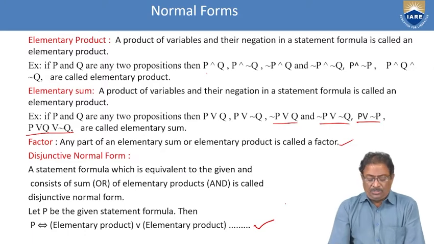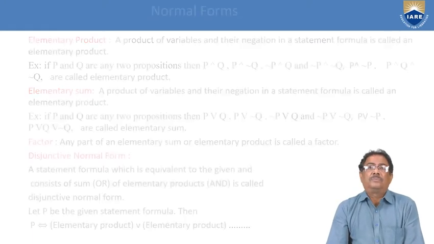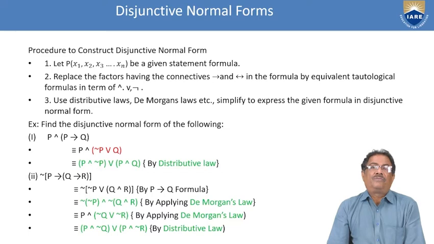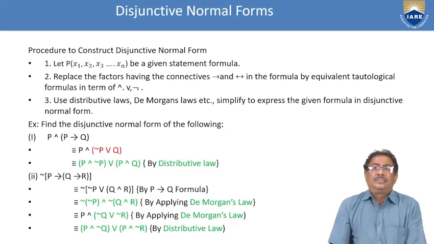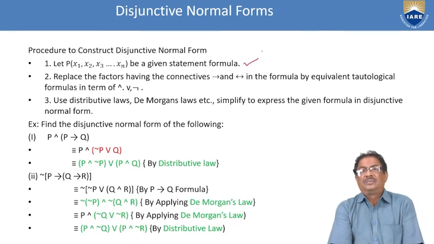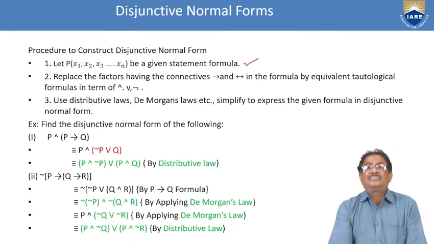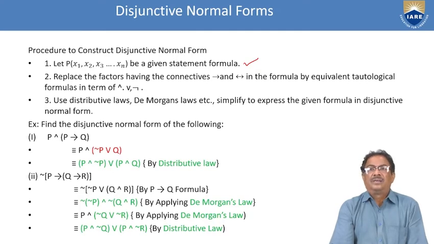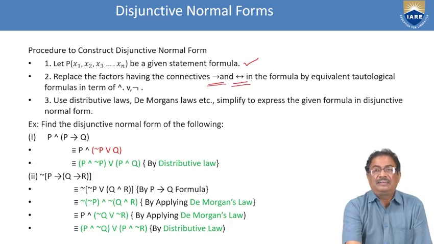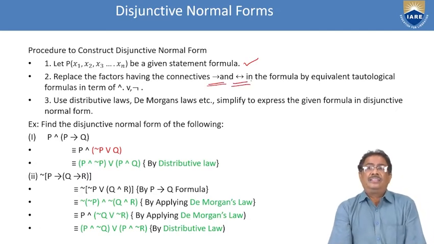Now we are going to take some examples and see how to convert to disjunctive normal form. Here is the procedure. If we are given a compound proposition consisting of n statements, we have to remove the conditional and biconditional wherever they exist in the compound proposition.